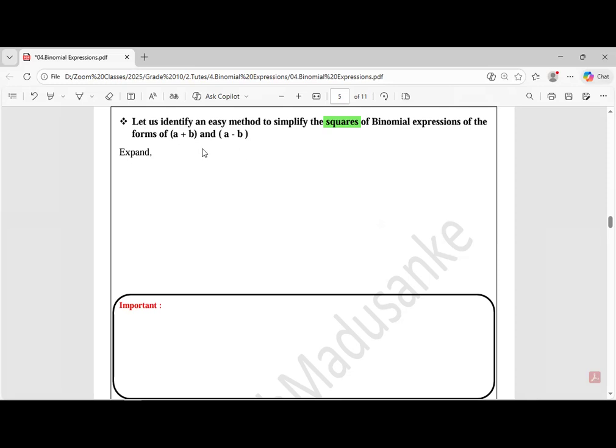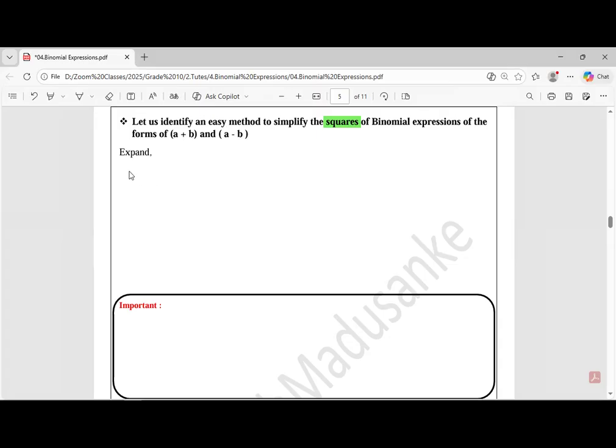Now we are going to consider the expansion of a plus b whole thing to the power 2, a plus b square. And also the expansion of a minus b square.